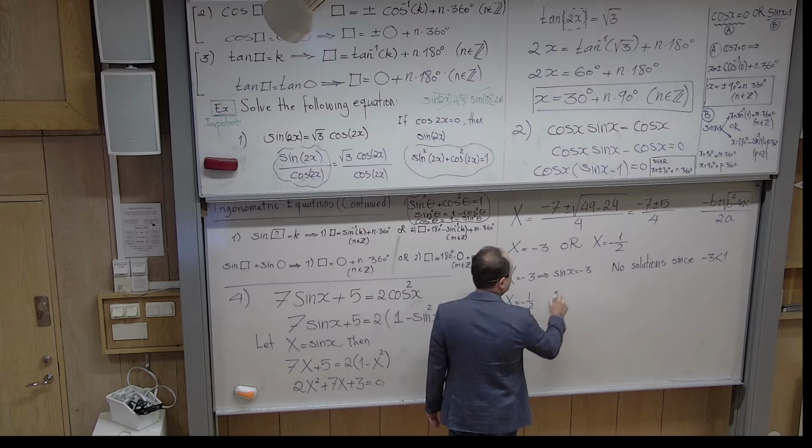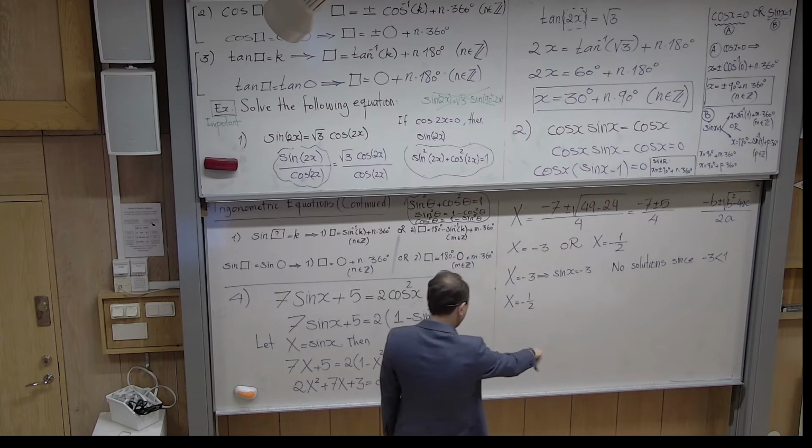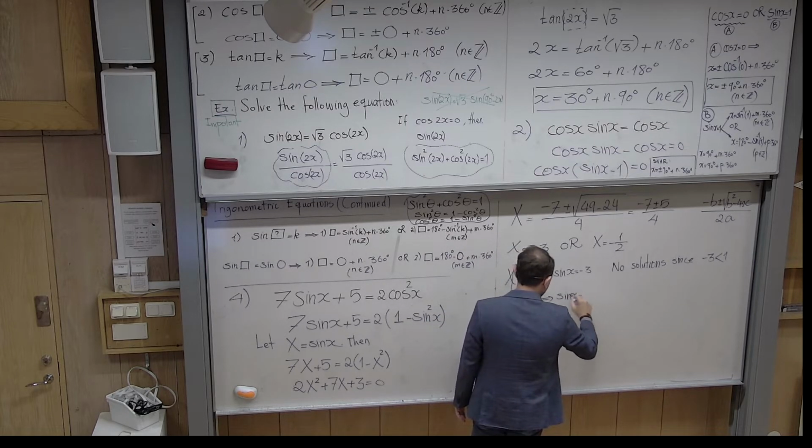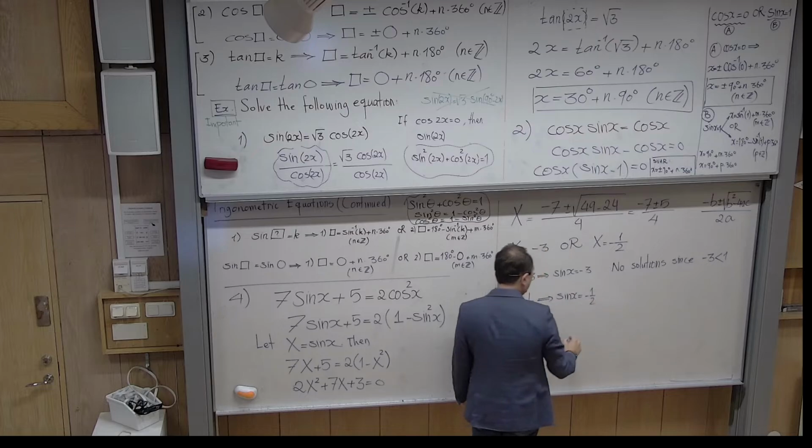Let us practice that idea that I wrote, it is important. I just cleaned that, but you just try to repeat it again. So this means that sine x is equal to negative 1 half. So there are two options.